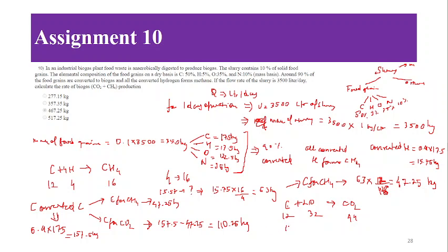So we use the unitary method here again, and here we use 44 by 12, and then we get the value as 404.25 kg. So now we know CH4 is 63 and CO2 is 404.25. We just add these, which comes out to be 467.25 kg, which is the correct answer given here, the third option.